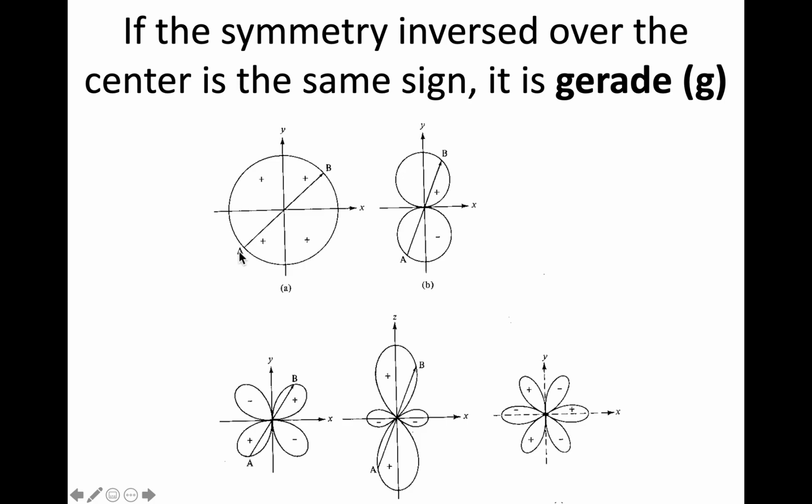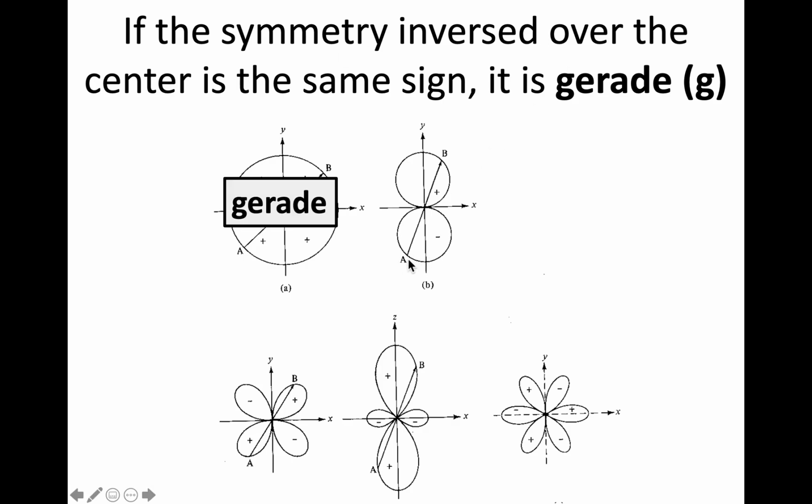So here, A is in a positive portion and B is in a positive portion, inverted through the center. And so this means it is what we call gerade, which I believe is a German word, but it's not necessarily important for this. But this is gerade if it has the same symbol throughout. So this one is gerade.